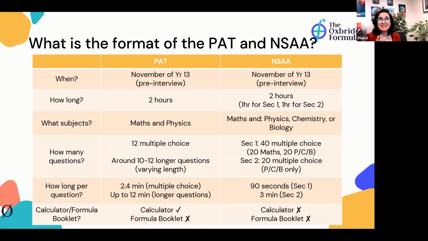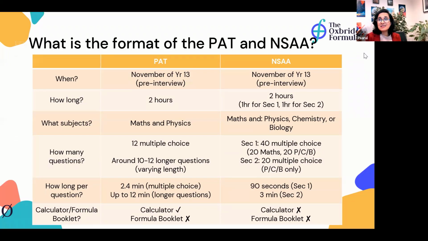Both the PAT and NSAA are taken at the beginning of November, or it could be the end of October, depending on the year. But for this year it will be the beginning of November, and it's taken pre-interview. Both tests are 2 hours, and the NSAA is split into section 1, which is an hour, and section 2, which is an hour. What is tested in both of these?